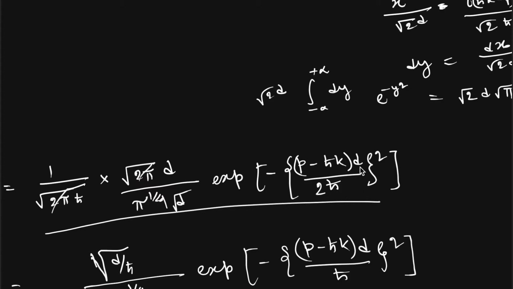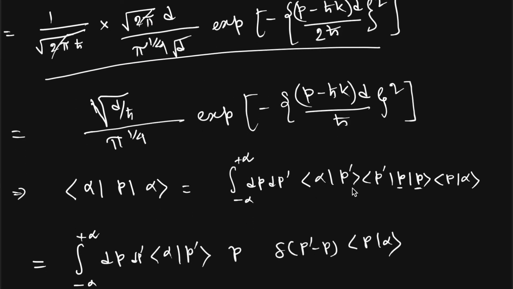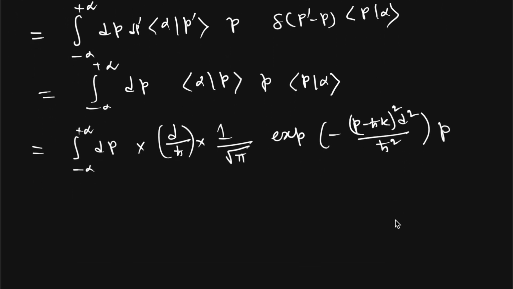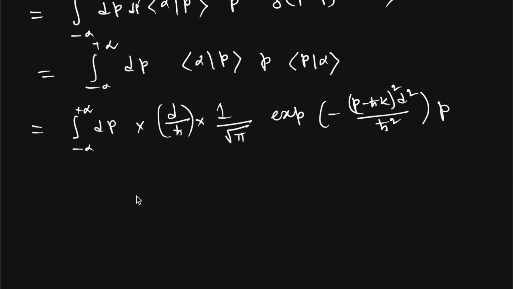When we multiply these two terms, alpha p and its complex conjugate alpha p star, this will become the square of alpha p. Since alpha p is real, that means alpha p square, so the 2 gets cancelled.